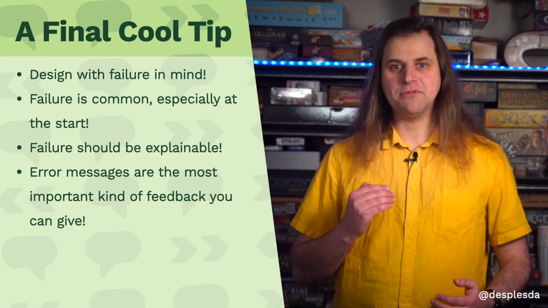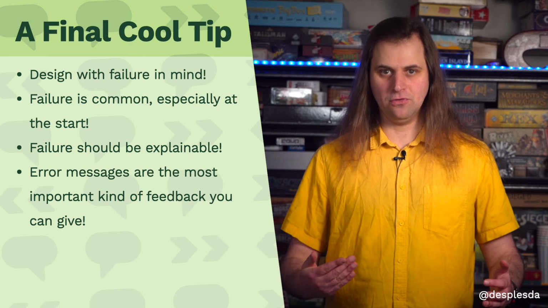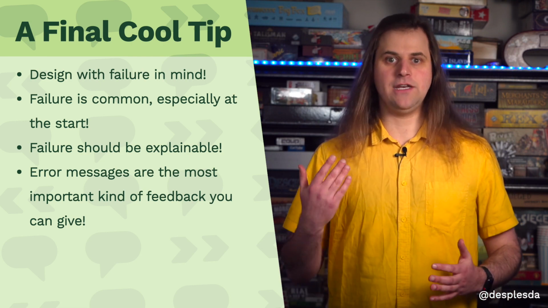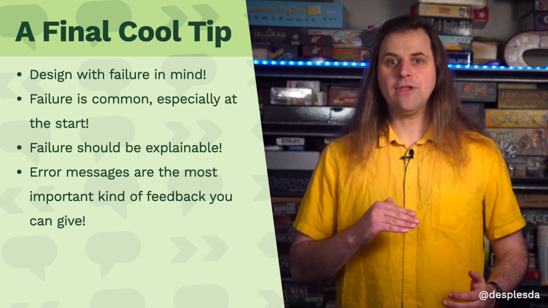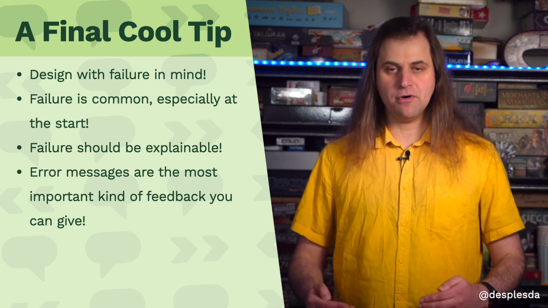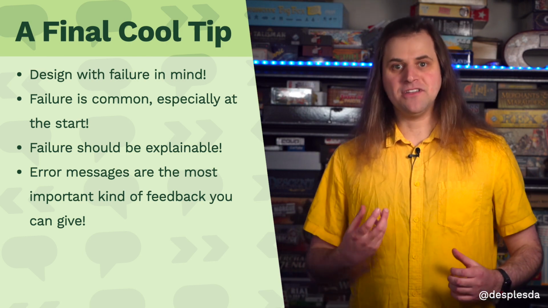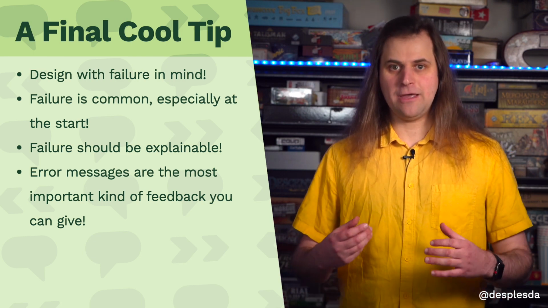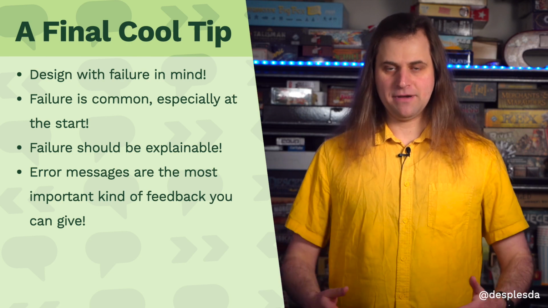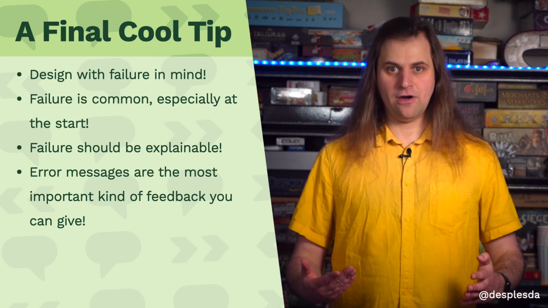Your users will make mistakes almost all the time, especially at the start of their use with the tool, when they're newbies, when they're novices and they don't yet know how it works. Useful error messages in any tool is the most important thing you can do, the most important feedback that you can offer. So ideally, you should be designing your tools so that errors are actually impossible to represent in the first place. But if that's not possible, then give an over-explained version of the error.